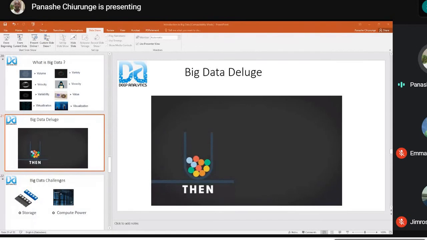So you hear a lot of reference to what they call the data deluge. The data deluge is just the outpouring, the amount of outpouring of data in the past decade. We just had so much deluge of data being generated.